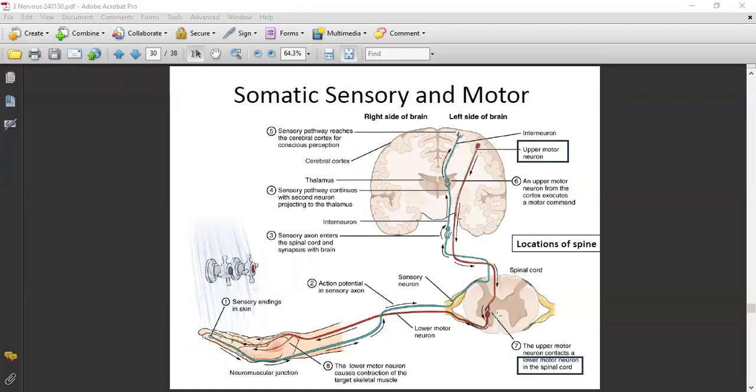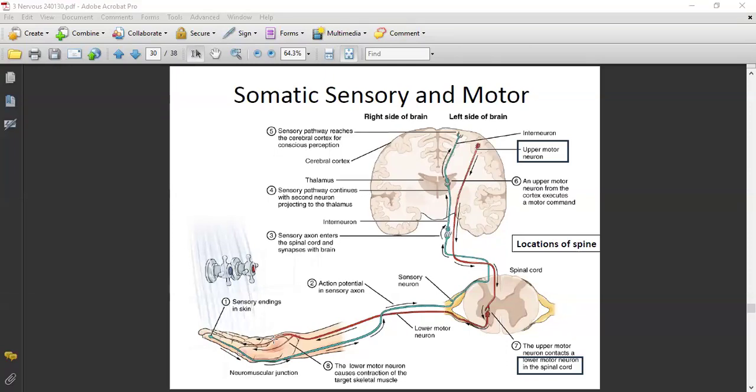So this is part of the central nervous system. And then you have the peripheral part. It extends from the central to the peripheral, leaving the spinal cord to the muscle. They talk to muscle. So that is the lower motor neuron. And so we have two new names: lower motor neuron and upper motor neuron.